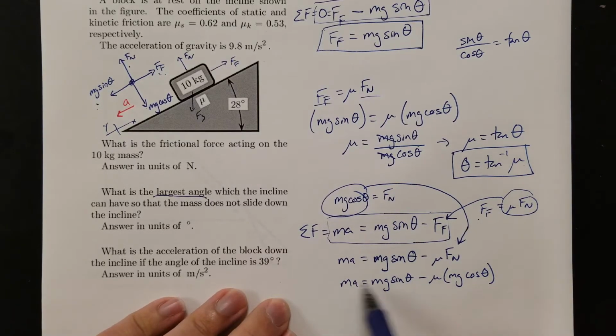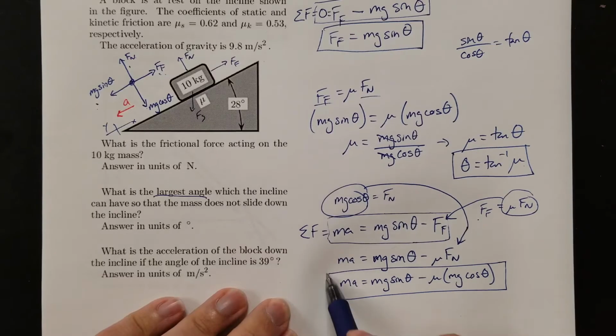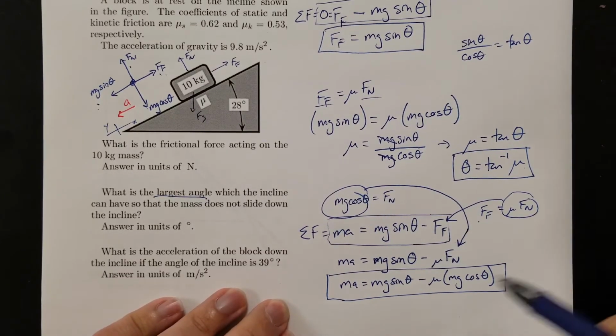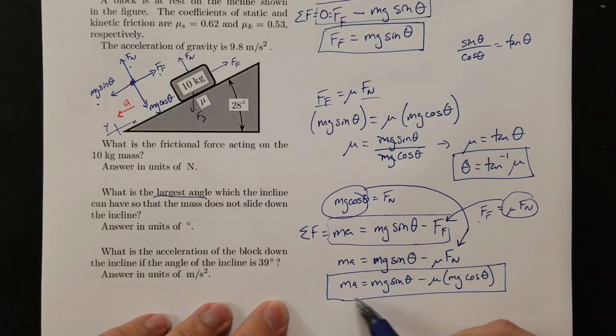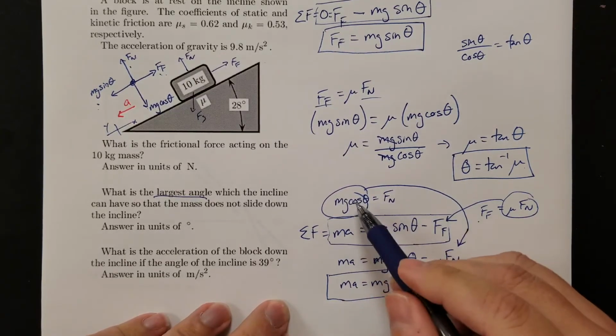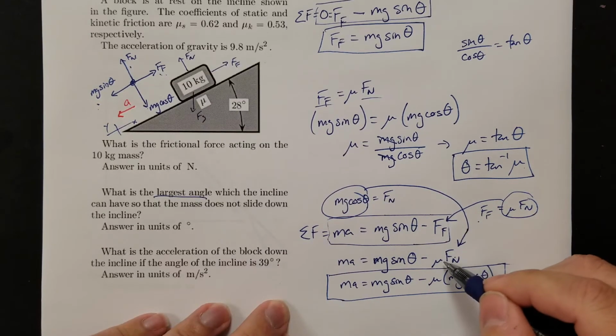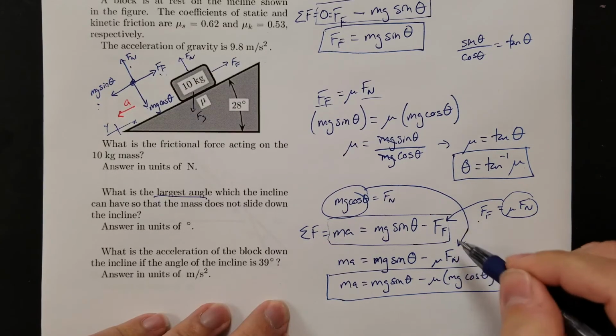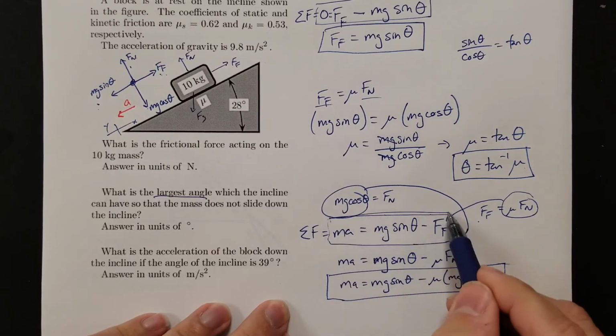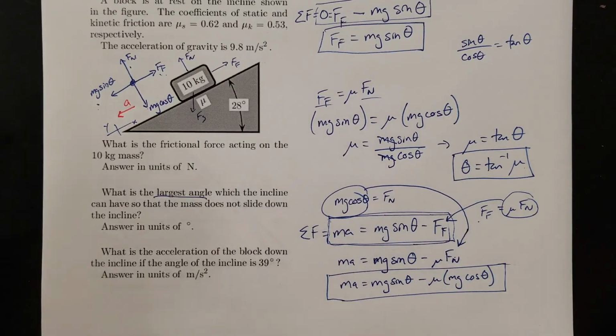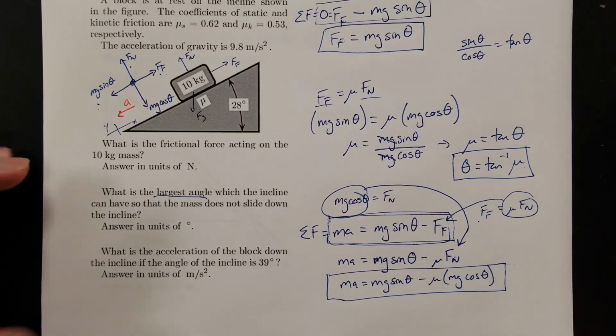And if you wanted acceleration, I could just solve that equation when you plug your stuff in. So you could do it two ways. You could either do all the algebra first and then move mass over and solve, or I could figure out mg cosine theta, plug it in for normal force, and then do coefficient times normal force to give me frictional force, and then I'm back at this first equation. It's the same thing, it's just a matter of how you approach it mathematically.